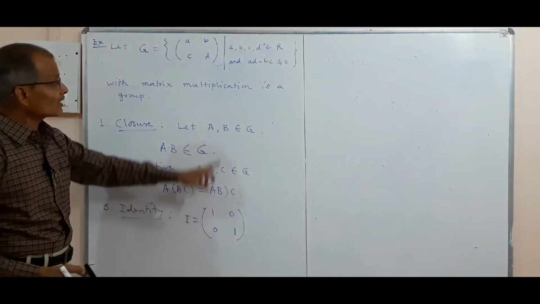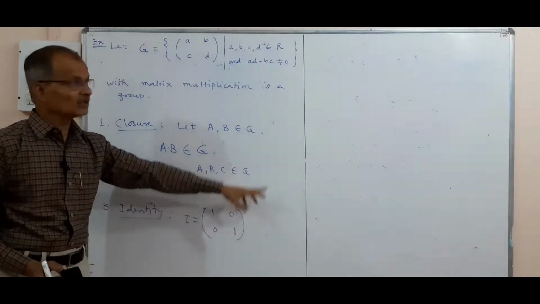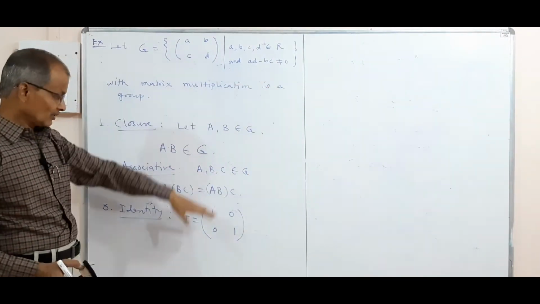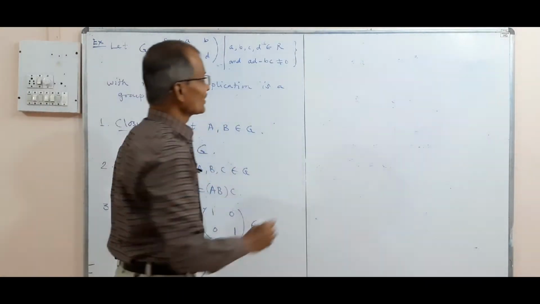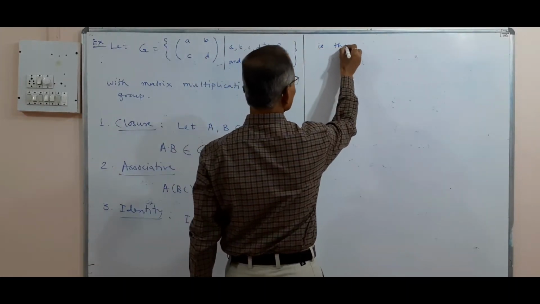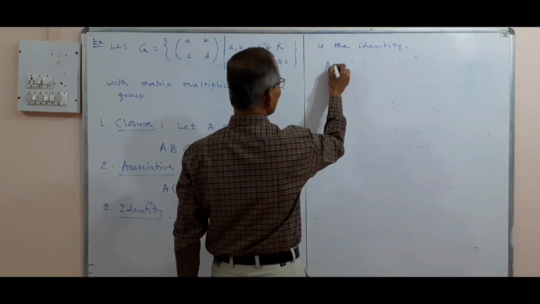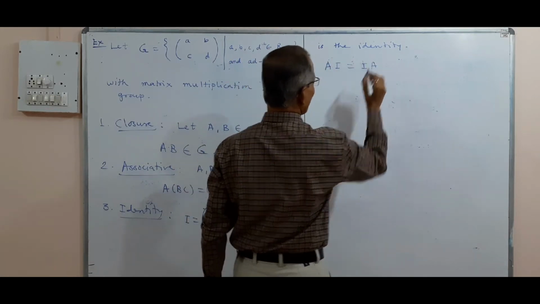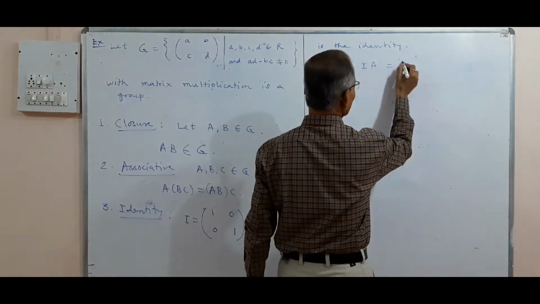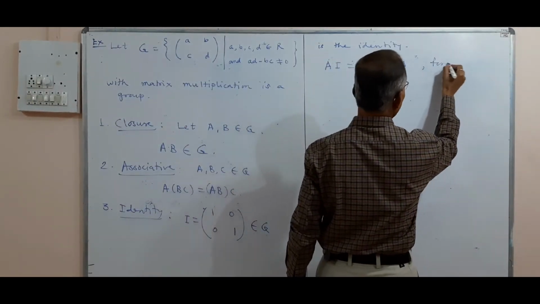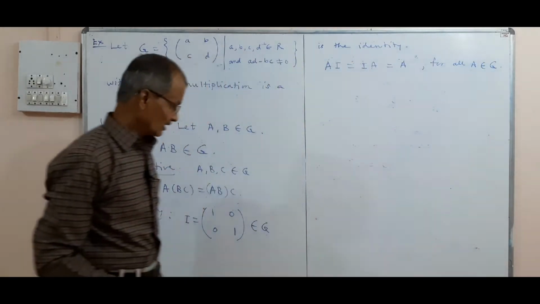Further, AD minus BC for these is 1 minus 0, which is not equal to 0, and therefore this belongs to G and is the identity element. What is the property of this element? A into I is equal to I into A, the unit matrix, is equal to A, and this is true for all A belonging to G. So therefore the identity element exists.